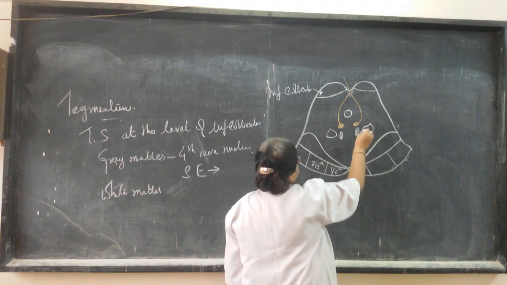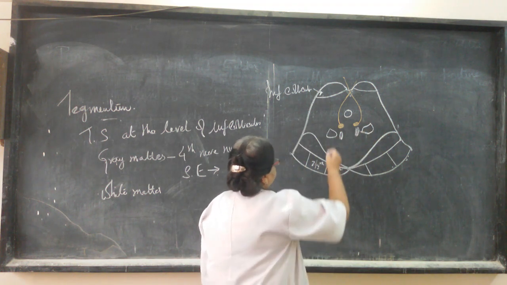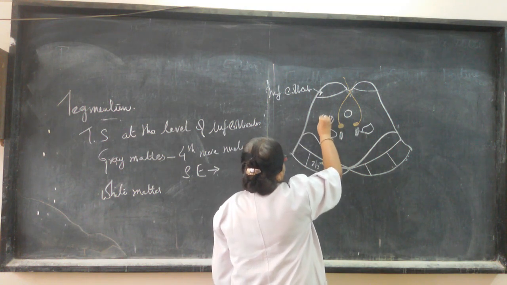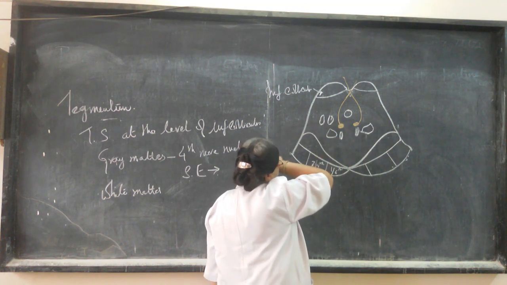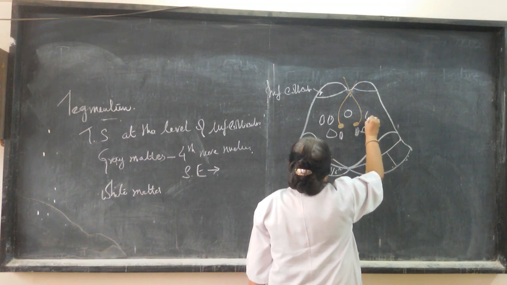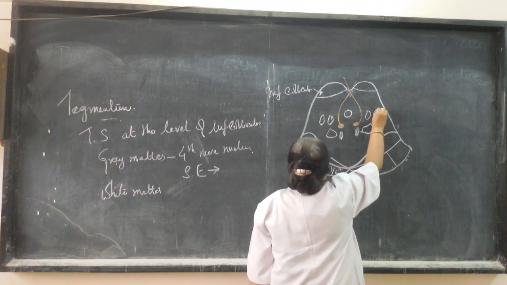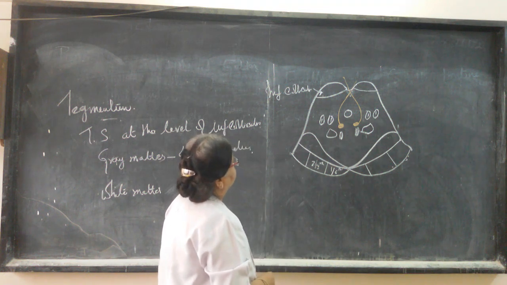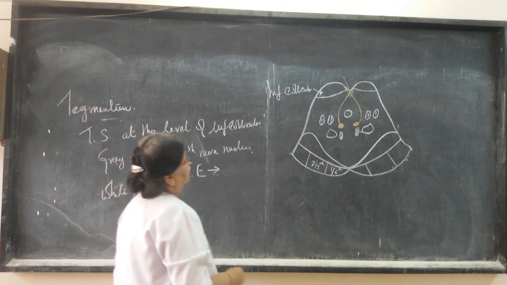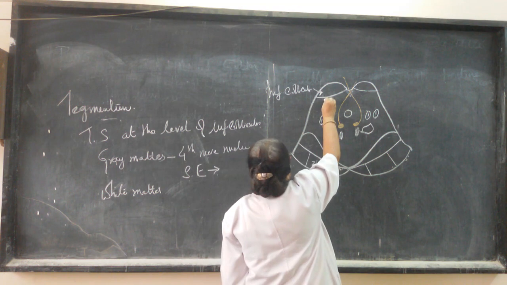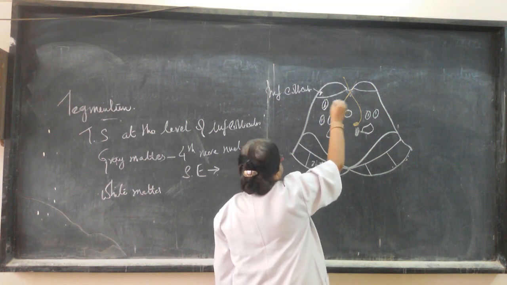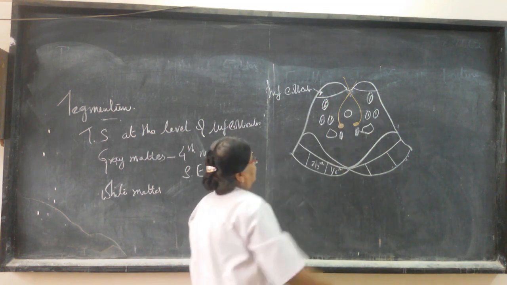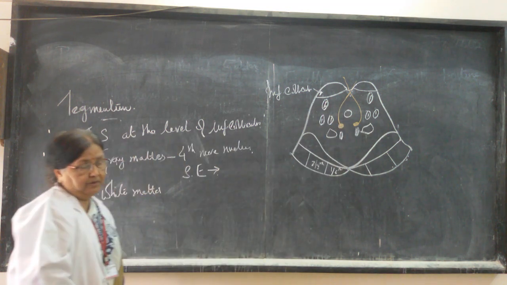Then there will be trigeminal lemniscus and spinal lemniscus. Now more dorsally towards the inferior colliculus we will get the lateral lemniscus. The lateral lemniscus finally merges with inferior colliculus.